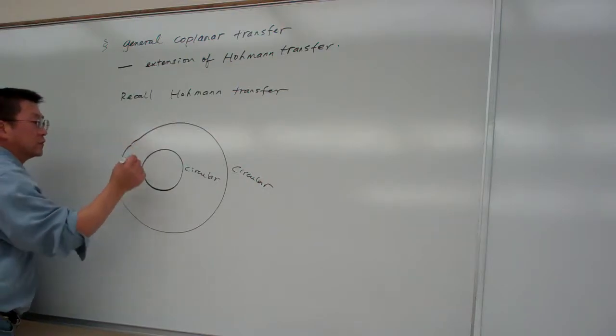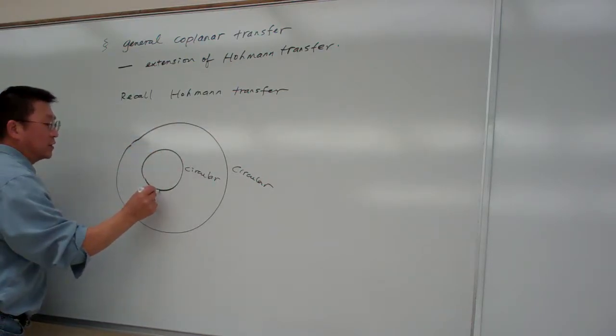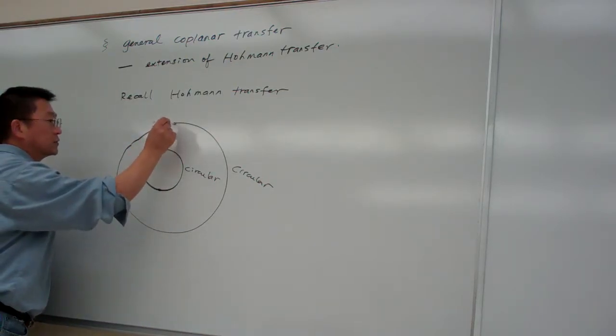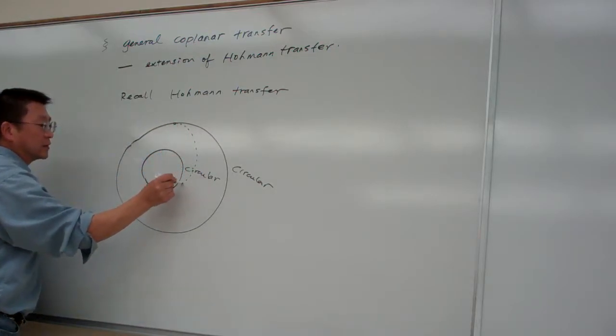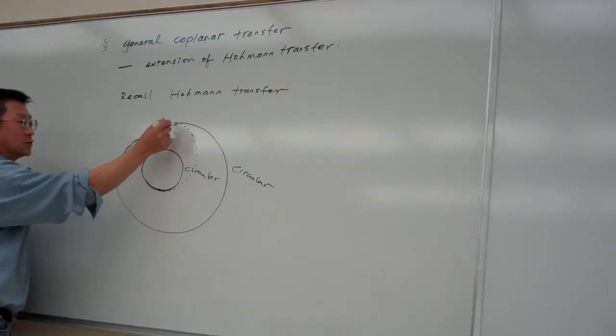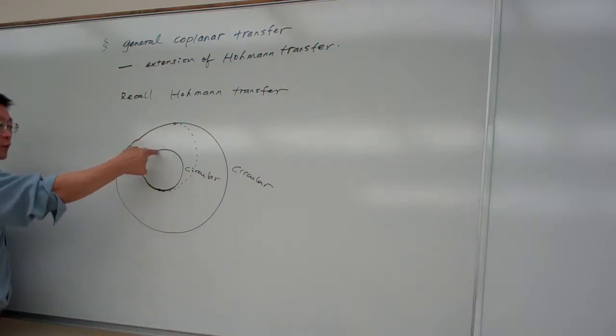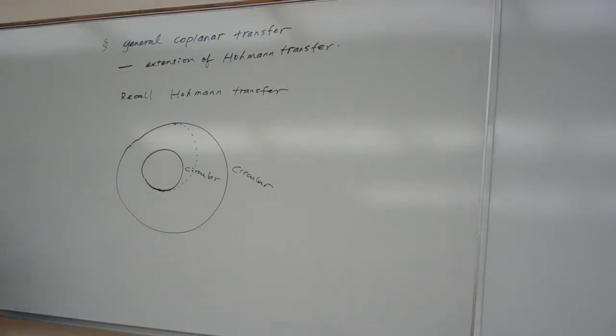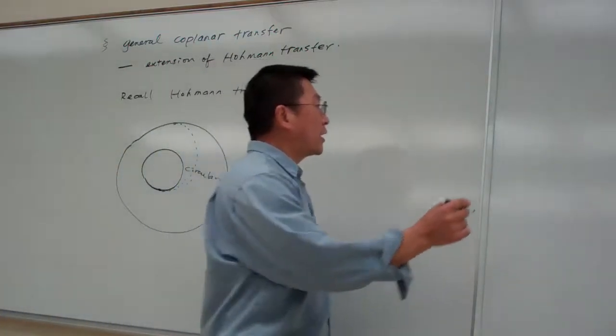And their transfer basically is to take the half cycle of the elliptic orbit that is tangent to both the original and the target. So that is the definition of the Hohmann transfer.